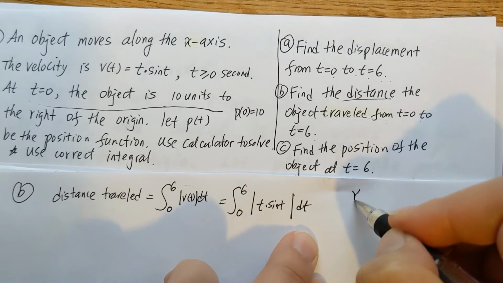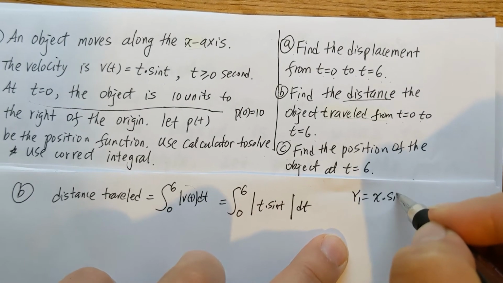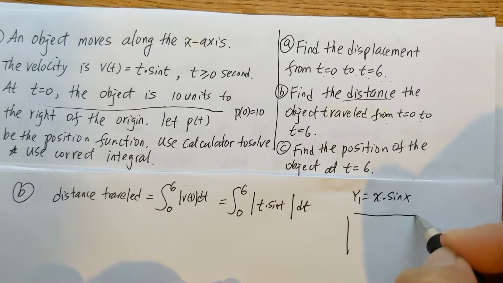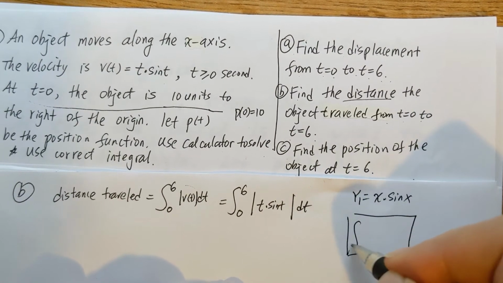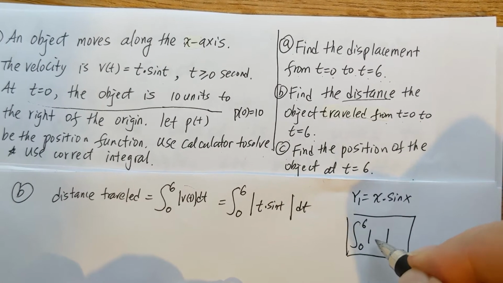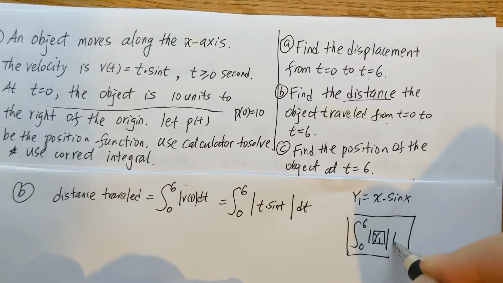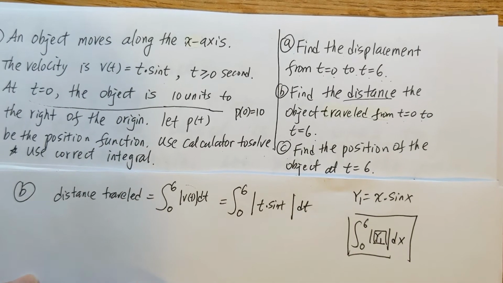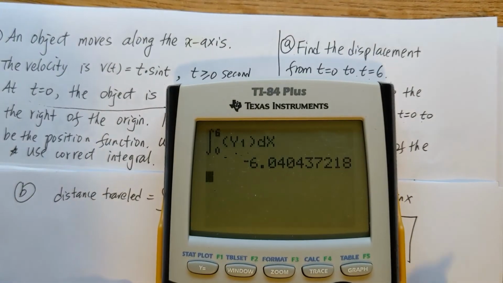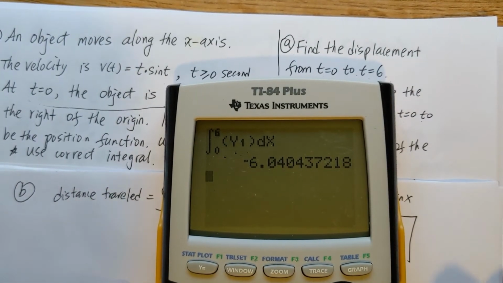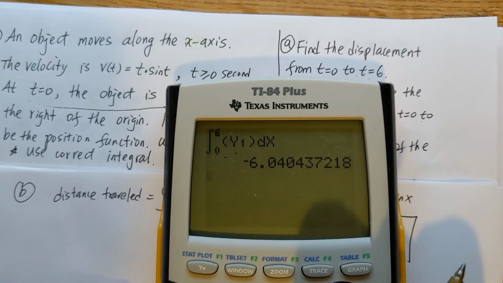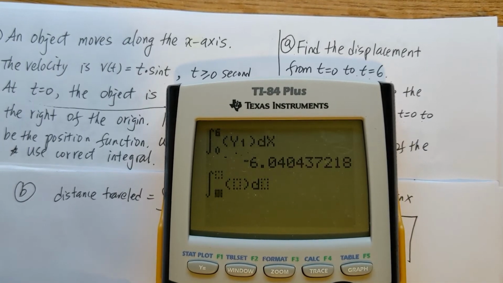We're still going to make our y1 equal to x times sine x. So we already have it over there. But we are going to insert our integral with the absolute value. So I'm going to show you how to insert the absolute value. So this is what we got before. So now we are going to do map 9, 0 to 6.